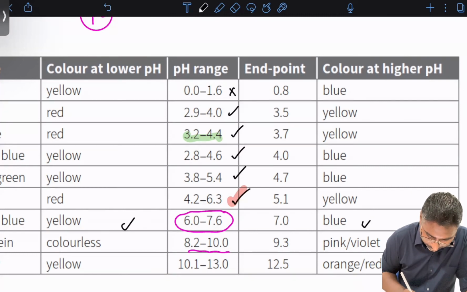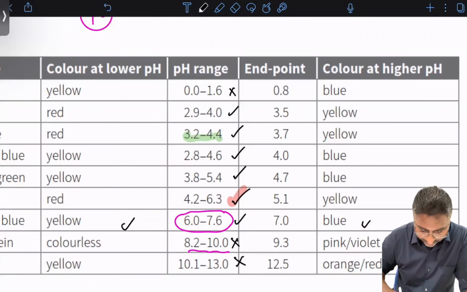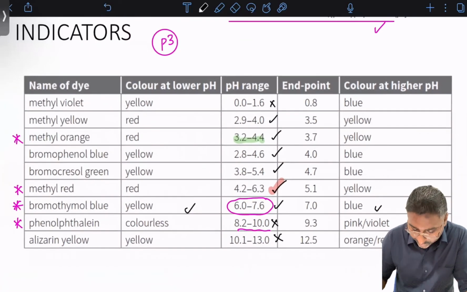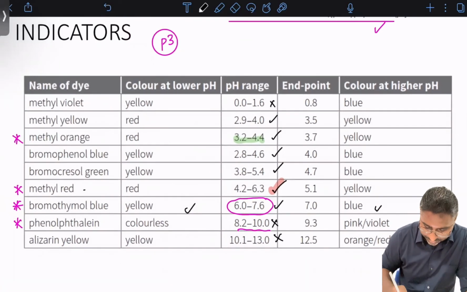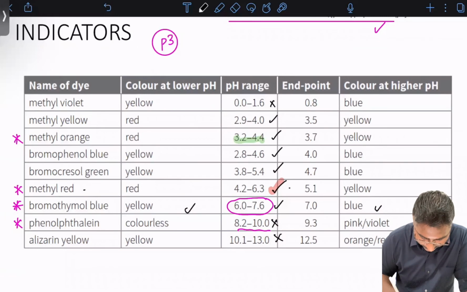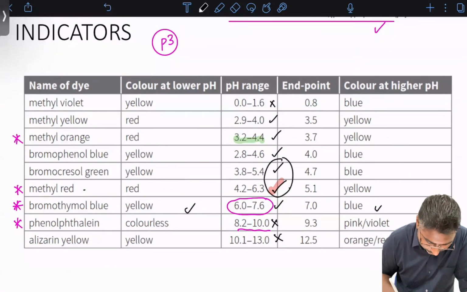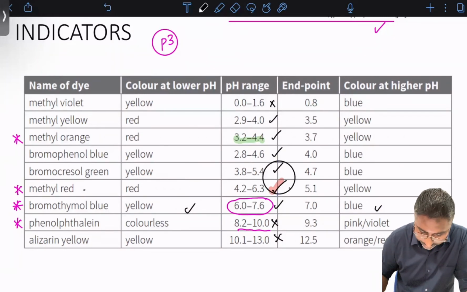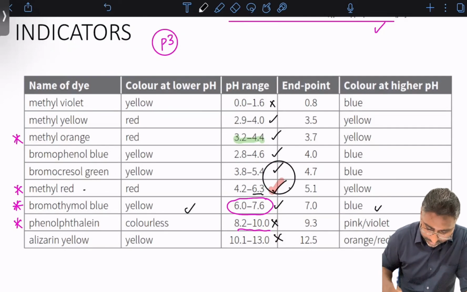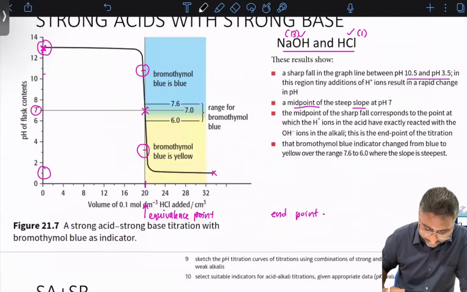This one, 3.5 to 7, can. But in this case, let's select the popular one. I told you the popular one, methyl red. Don't select the one not so popular. Maybe I can choose either of these two, but I will choose methyl red.